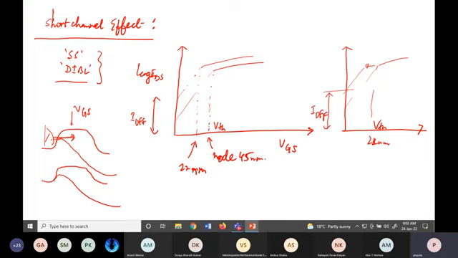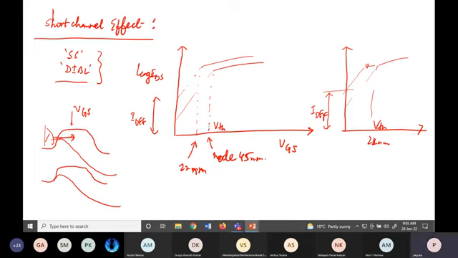So for the same node, you don't have to reduce the node. If it is a short channel MOSFET, for the same node, we will have reduction in threshold voltage because of DIBL. And this reduction in threshold voltage will increase the I off.